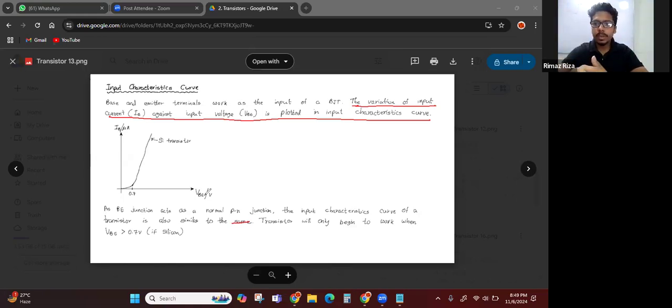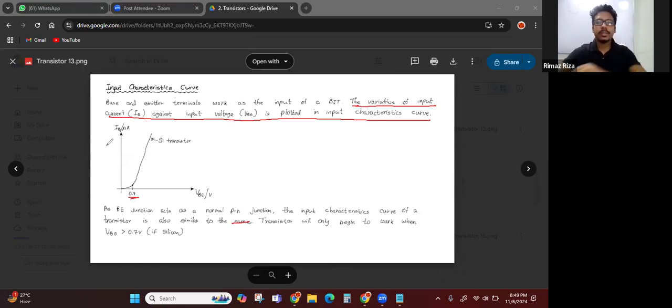Okay, and we know in a PN junction, if you have a silicon transistor, there will be considerable current if the voltage is higher than the barrier voltage. Now, for example, for silicon, the potential barrier is 0.7 volt, right? So similarly, here also you can find if the NPN transistor or PNP transistor is made of silicon, then that particular value will be 0.7. Okay.